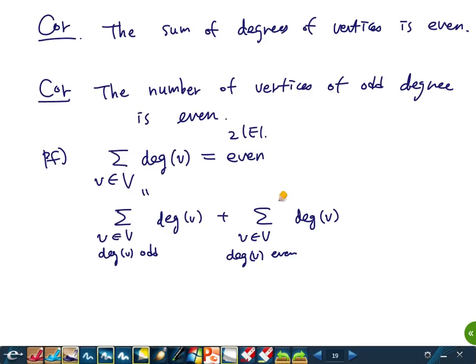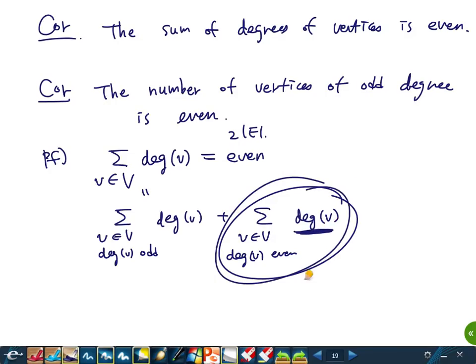Now, you just consider the parity of this sum. Because the total is even, and the sum over even-degree vertices is always even, the sum over odd-degree vertices must be even as well, because their sum is even. This can only happen when we have an even number of terms, because we are adding odd numbers.